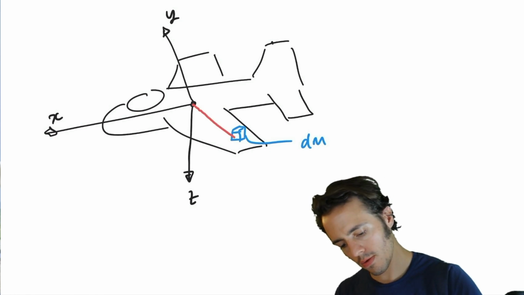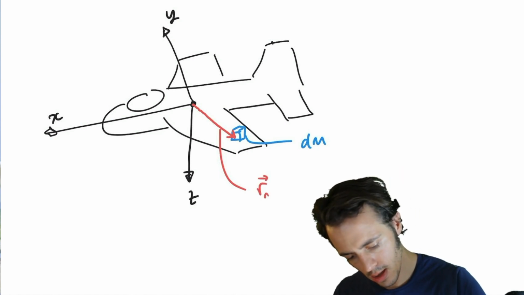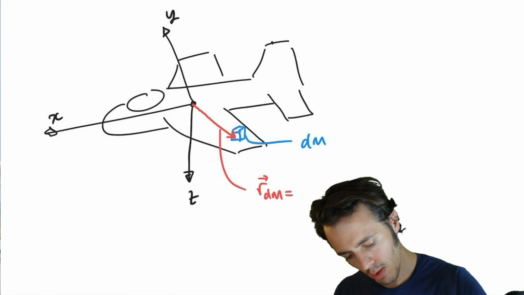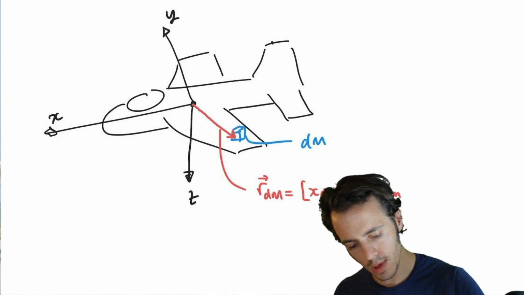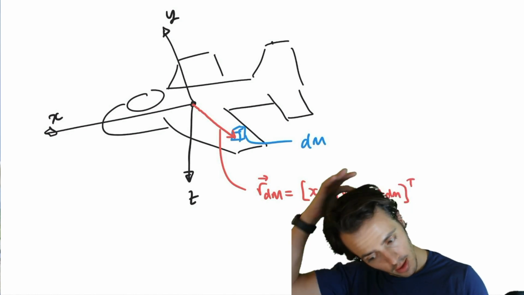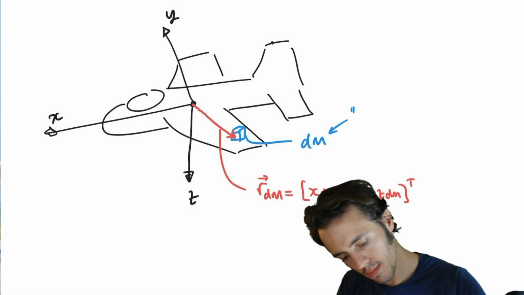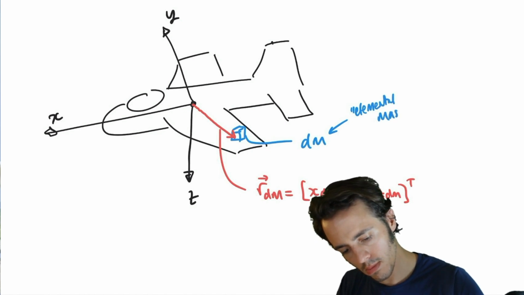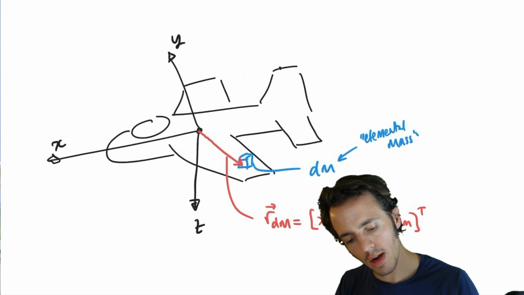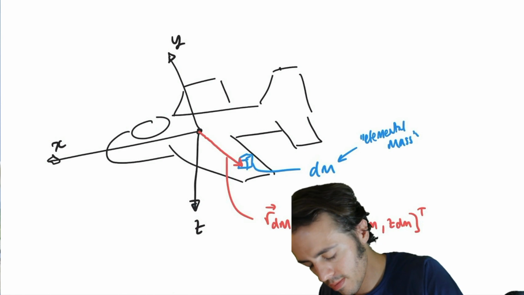So that exists at location r dm, which is equal to x dm, y dm, z dm, and it's the elemental mass dm. So we are considering a small arbitrary mass at an arbitrary location on the aircraft.